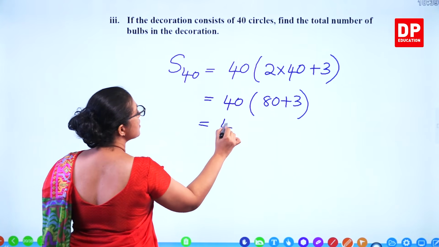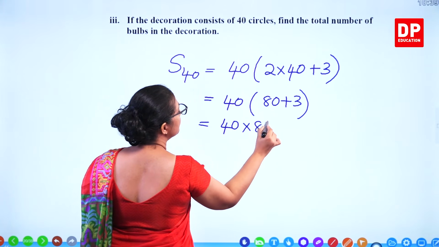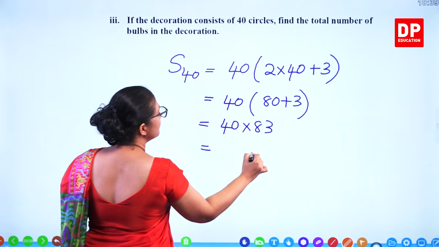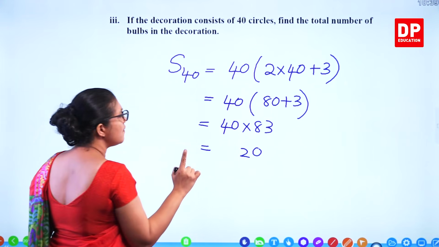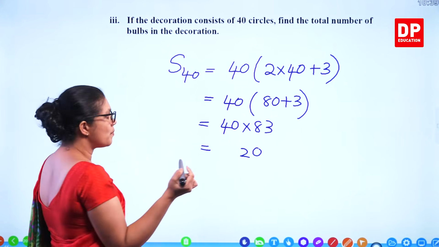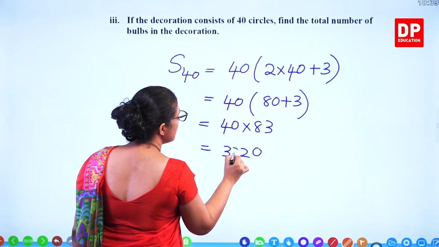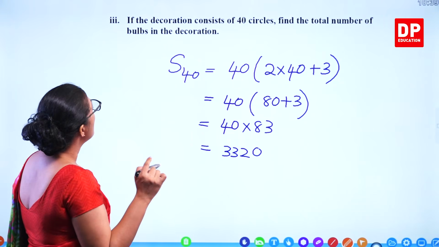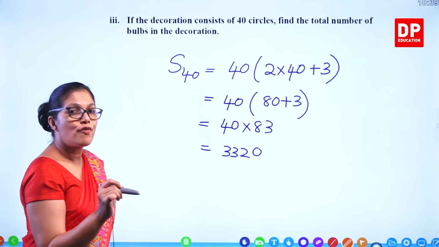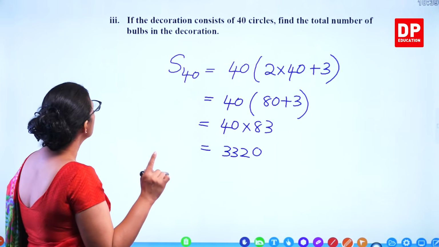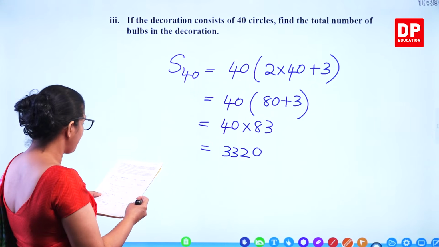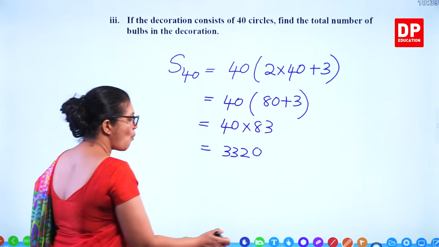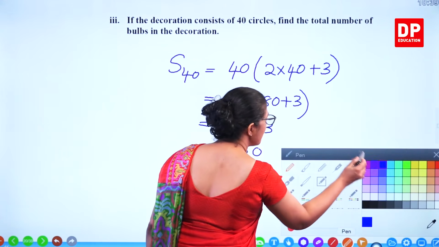Multiplication first, 83. 4 times 3, 12. 4 times 8, 32 plus 1, 33. 3,320 bulbs are altogether for 40 circles. So that's the third part, and you are getting just 1 mark for substitution.